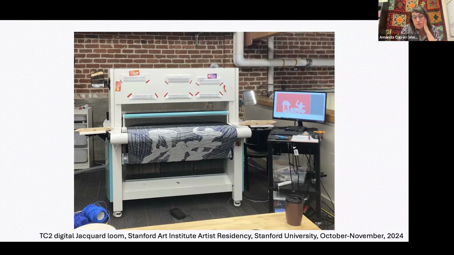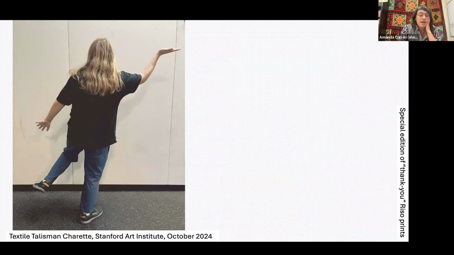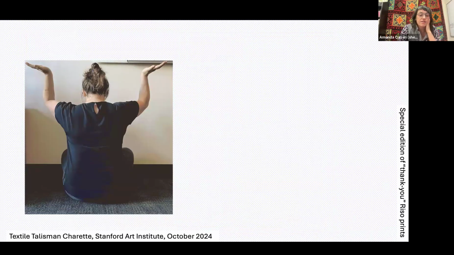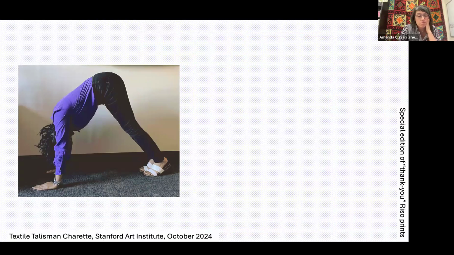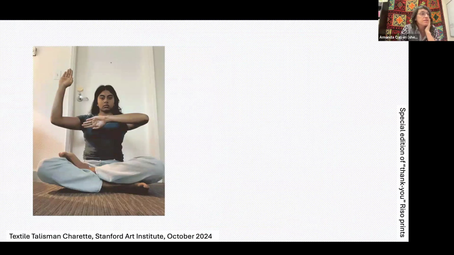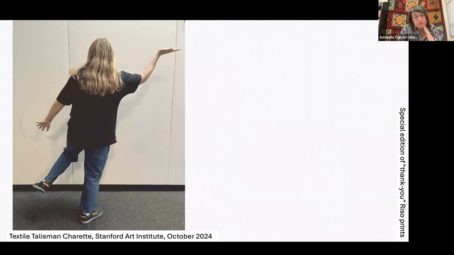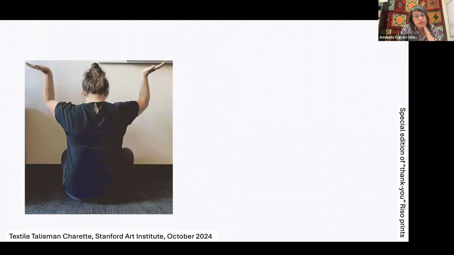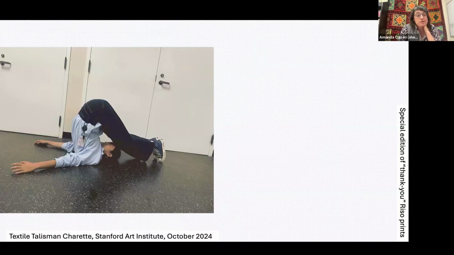So this was part of a residency at the Stanford Art Institute in fall 2024. I hosted a workshop and people from the community, students, teachers, and community members came, and we talked about talismans, we talked about luck, and we talked about social structures of support.